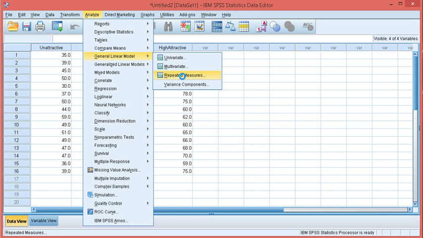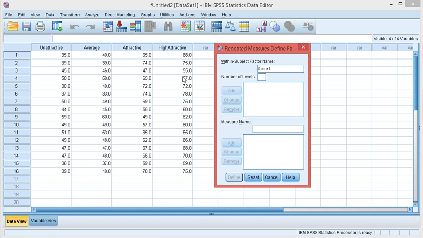Let's wait for a while. My laptop is slow as usual. And then a dialog box will appear. The first thing is we have to name our factor. We only have one factor, and we have to identify the name. The name of our factor for our IV is attractiveness.